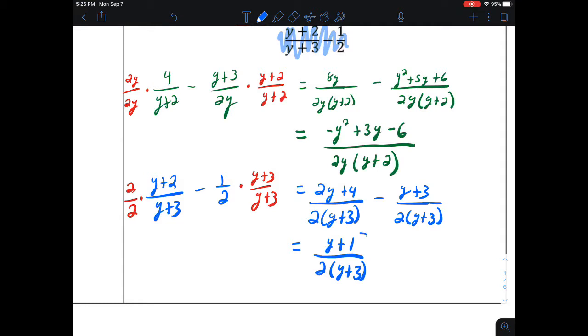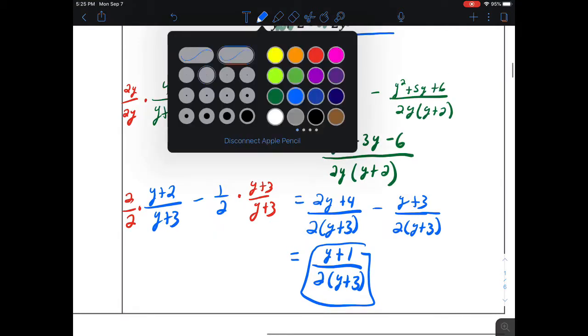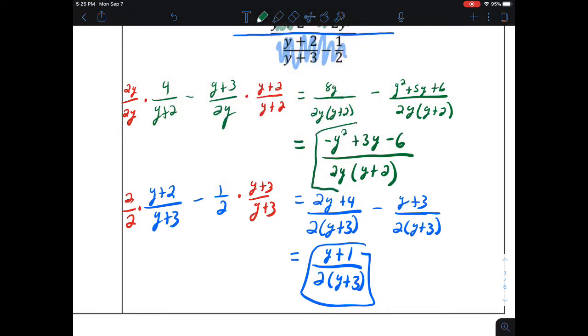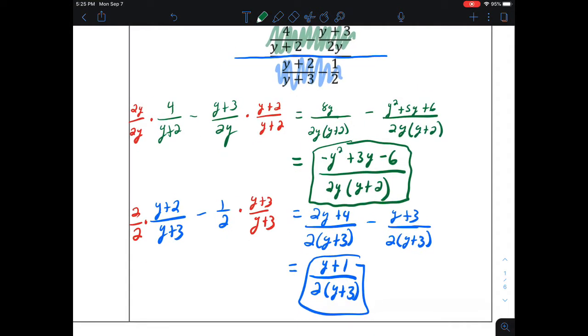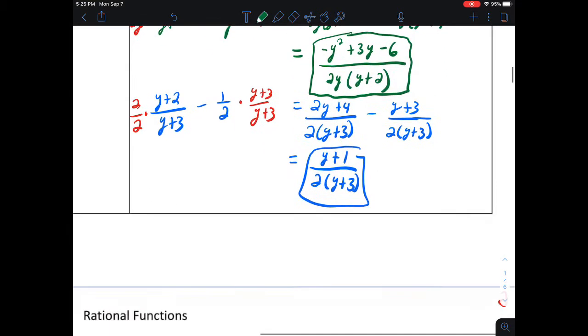Now that we have our pieces condensed here, let me block this one in. We are ready to do the division of top divided by bottom. So when we do the division, top divided by bottom, I have negative y squared plus 3y minus 6 over 2y times y plus 2.